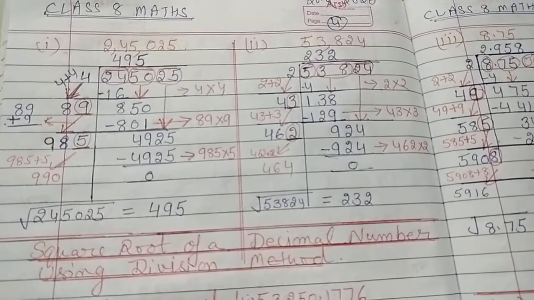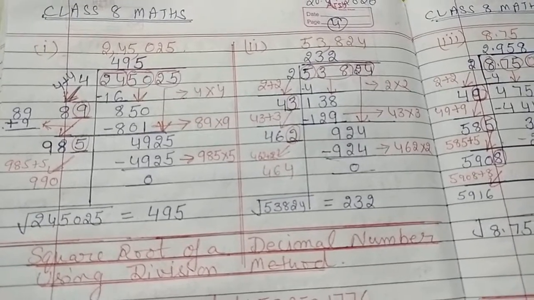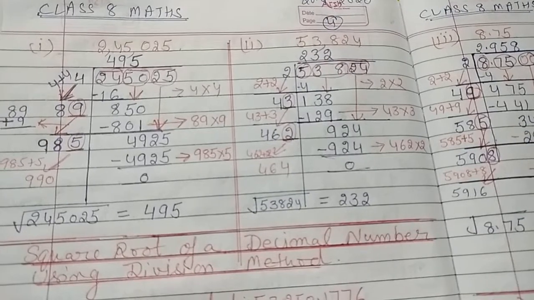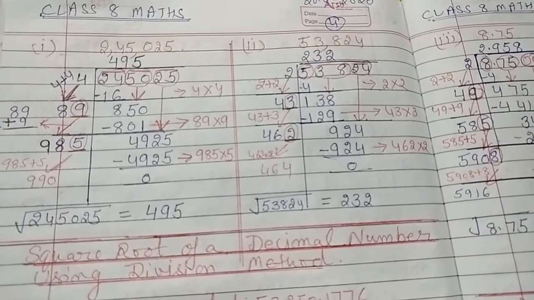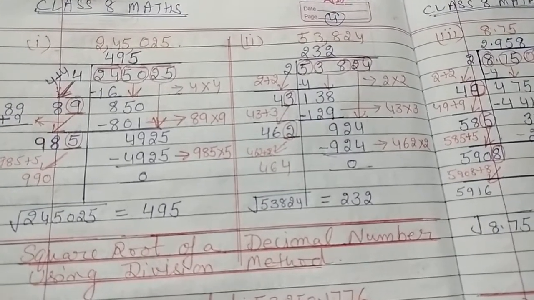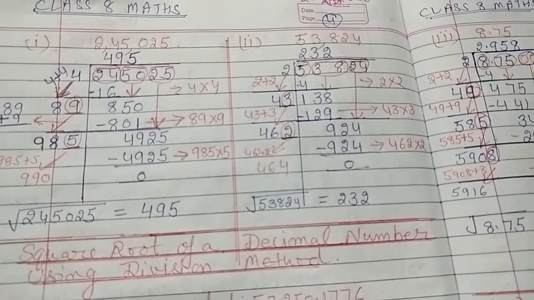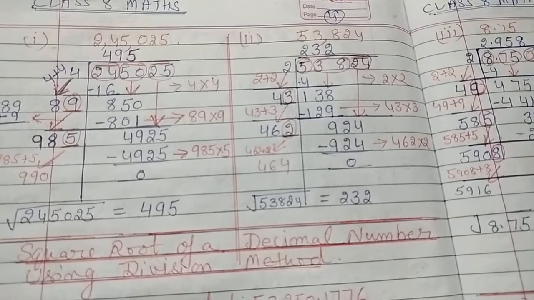Today we are going to find the square root by the long division method. For finding the square root, I already told you in the previous lecture there are three methods: prime factorization method, long division method, and successive subtraction method.